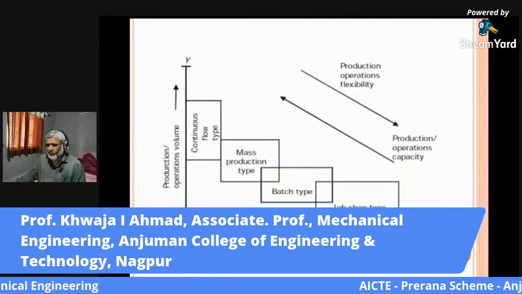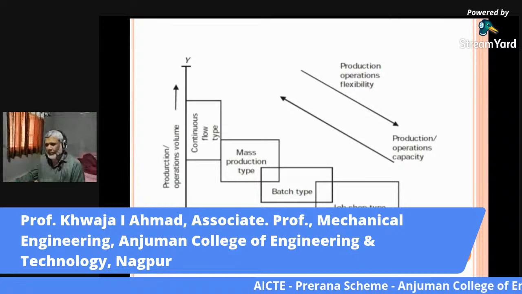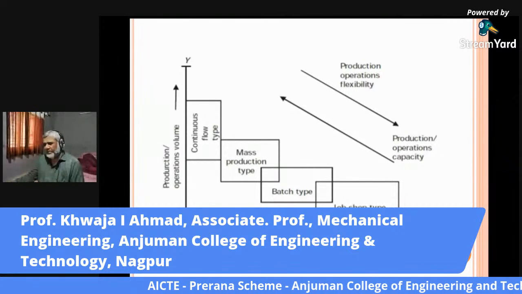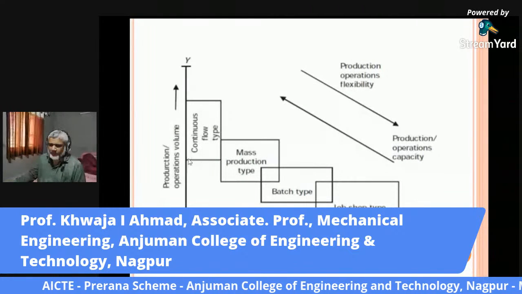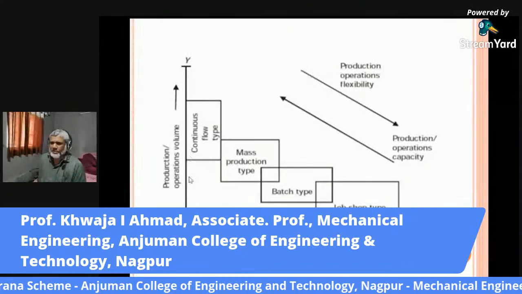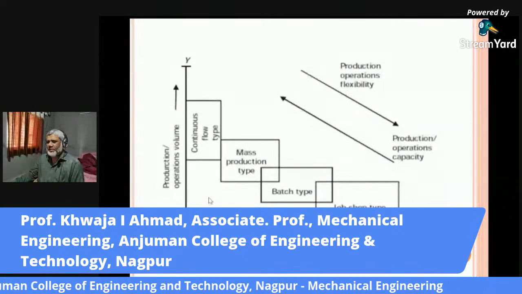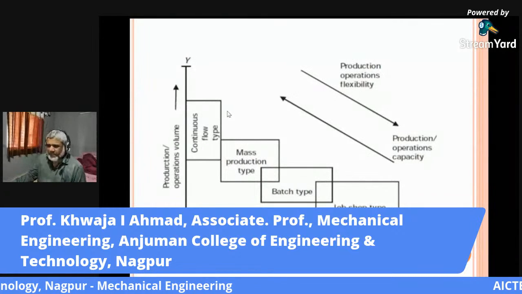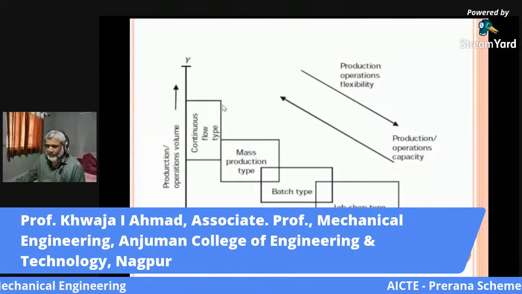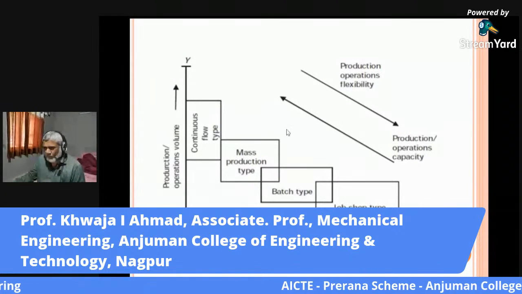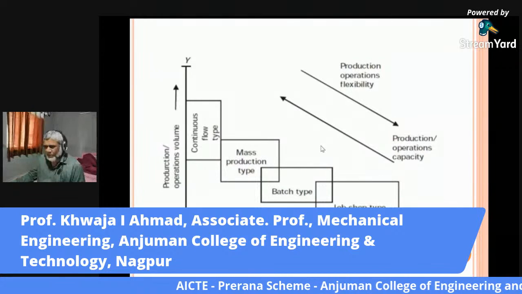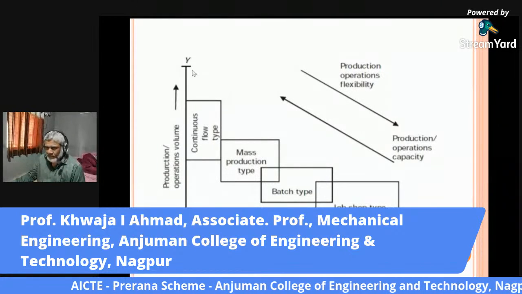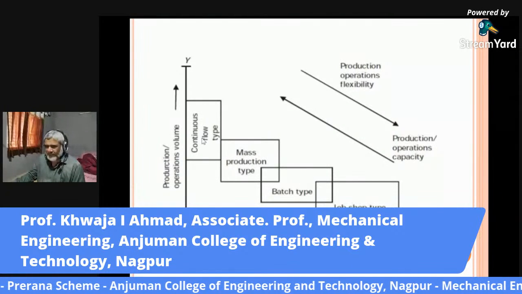Similarly, in job shop production, the variety of the product is of the highest order, whereas the production rate or the volume of production is in the lowest range. So from this you can say that the operation flexibility goes on decreasing, and production operation capacity goes on increasing from left to right and right to left.